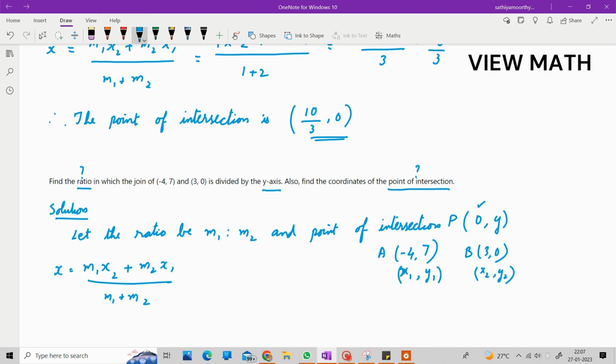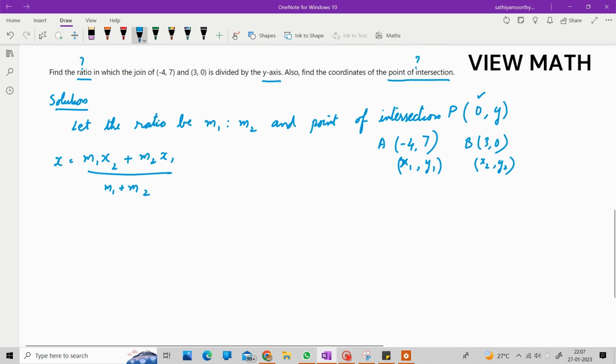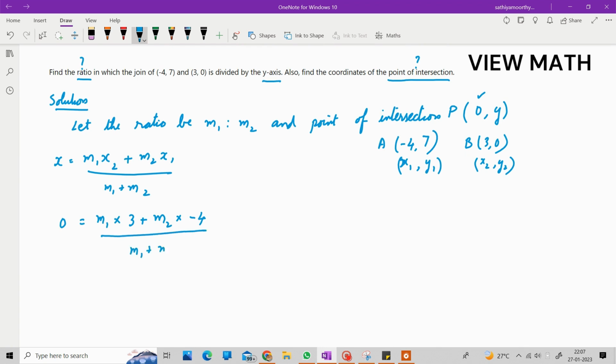Now let me proceed. x value is 0, so 0 is equal to m1 into x2, which is 3, plus m2 into x1, which is minus 4, divided by m1 plus m2.